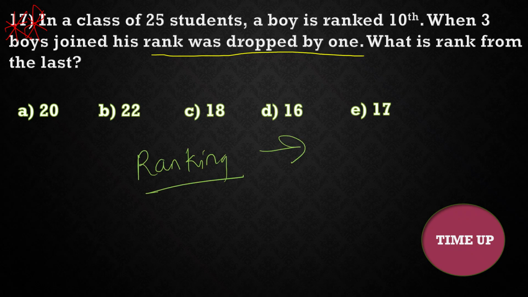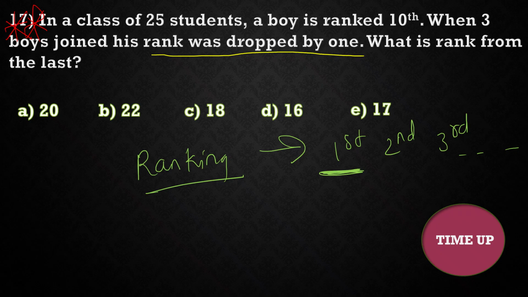That means in ranking what happens? This is first rank, second rank, third rank. You see that, right? The first ranker is always on top, the second ranker comes just below it, like that. So ranking is completely different. Like first rank is first, it's the first priority given. So rank was dropped by 1 means what?